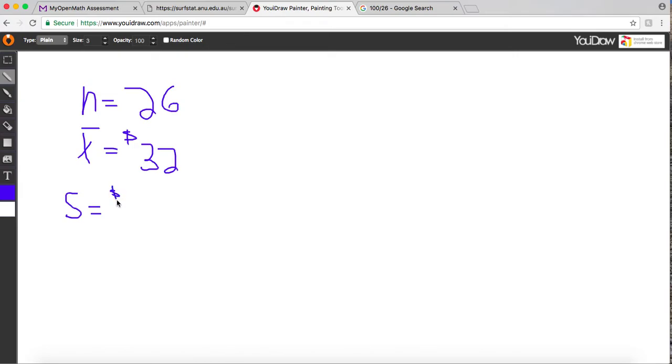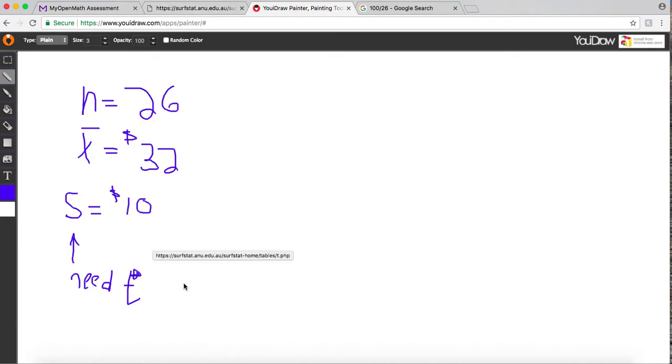So because we have S, remember that we need to be using surfstat because we're going to have to use a T star. So S indicates to us that we need T star. Okay, so we need T star.